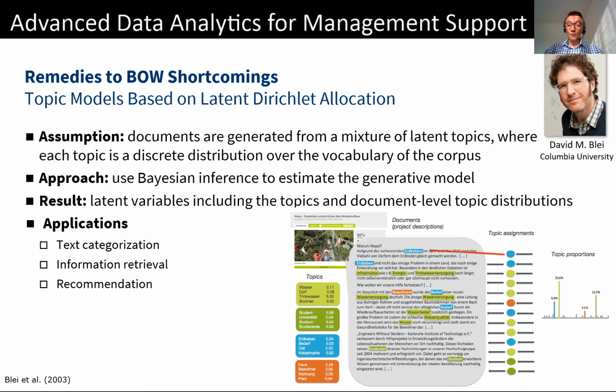And also there is a very popular approach from this gentleman here, David Blei and co-workers. David Blei, who's now with Columbia, wrote this 2003 paper in the Journal of Machine Learning Research, which was cited, I don't know how many thousands of times, so it made him very famous.